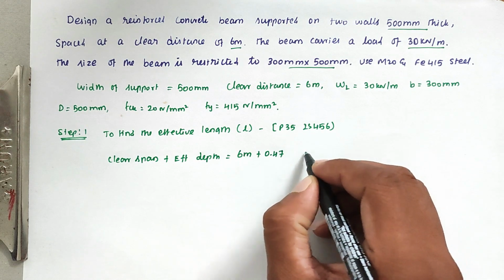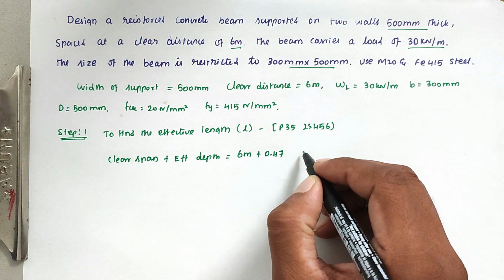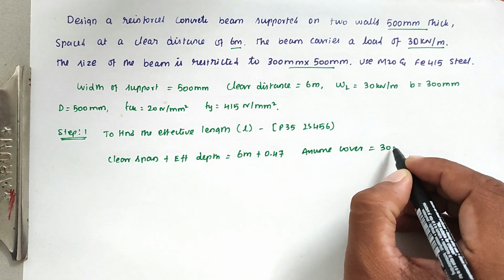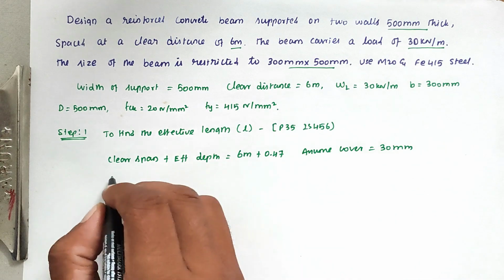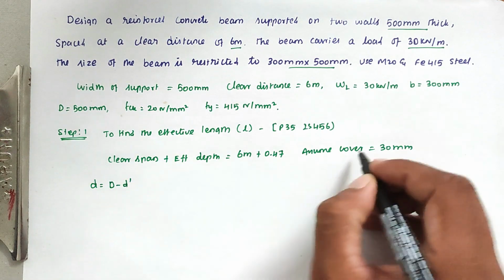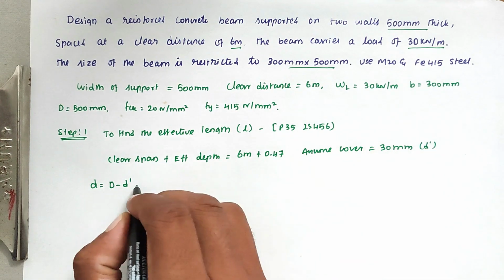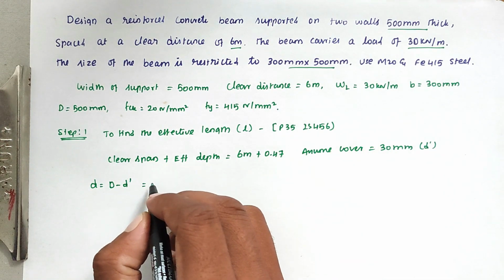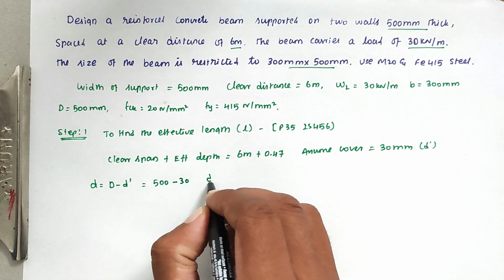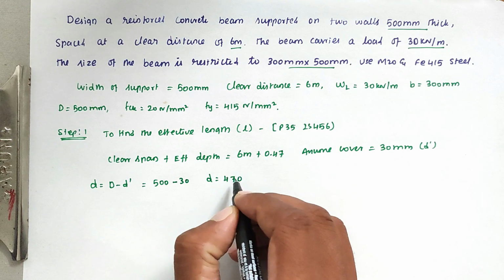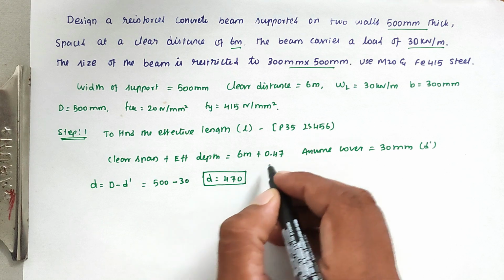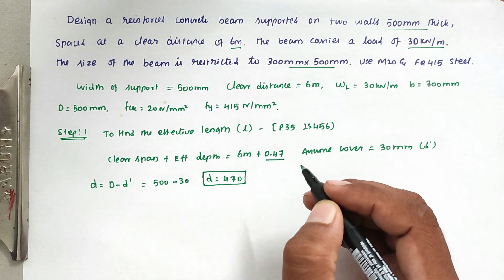We can assume the cover is 30 mm. So small d equals capital D minus small d dash, where the cover is d dash. So 500 minus 30, now d is 470, and that's why we are putting 0.47.